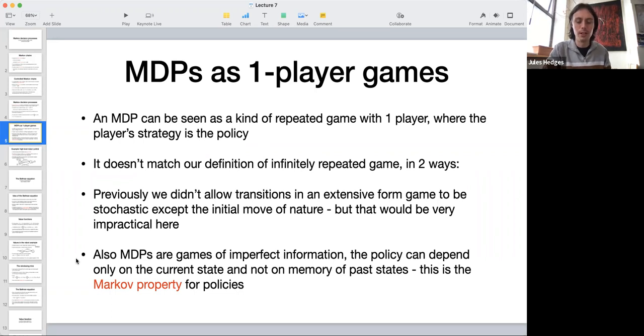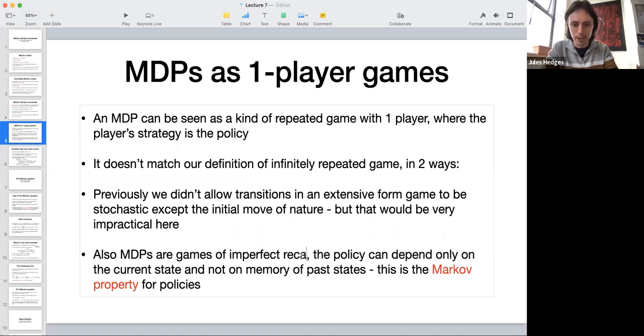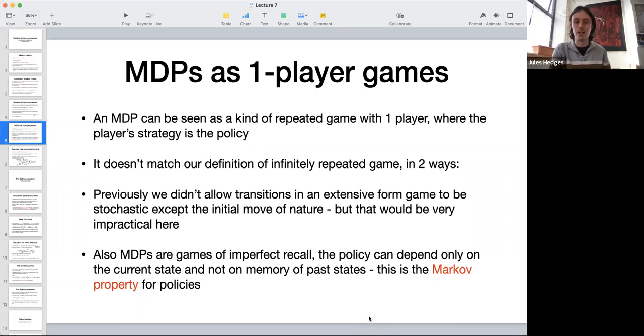Probably more importantly, the difference is that Markov decision processes are games of imperfect recall. So that is to say that the policy is only allowed to depend on the current state. So we see the players as forgetful. Even though players have made choices in the past where they knew the current state, they forget what those past states were.